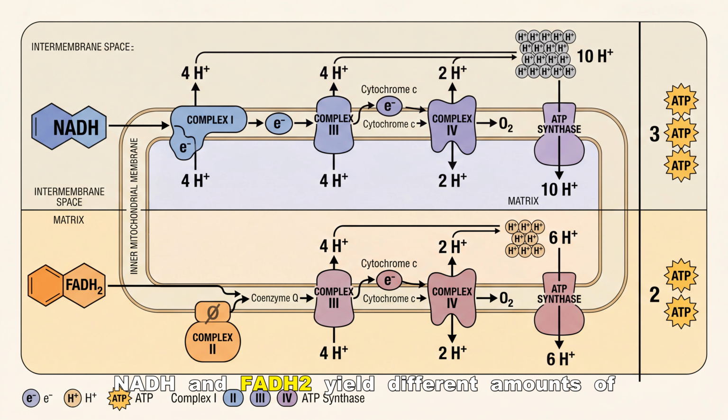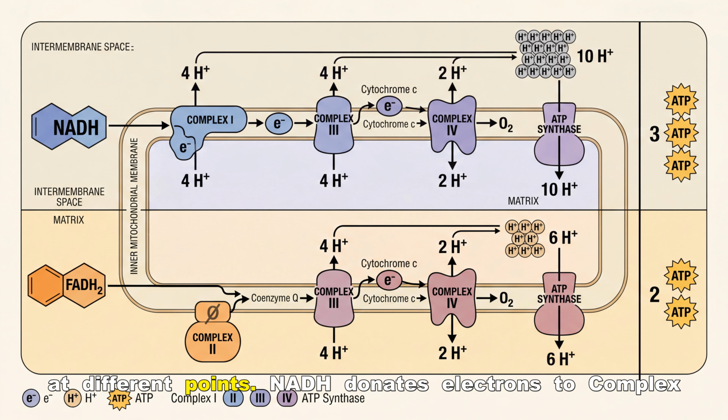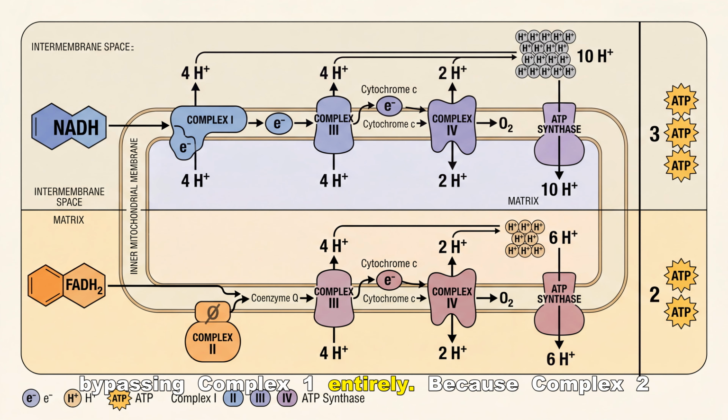NADH and FADH2 yield different amounts of ATP because they enter the electron transport chain at different points. NADH donates electrons to complex 1, which contributes to proton pumping, while FADH2 donates electrons directly to complex 2, bypassing complex 1 entirely.